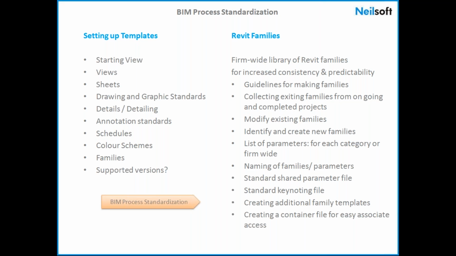Then what kind of shared parameters are going to be required, what kind of family templates we need to create, how we will create the container families, and so on. That is everything that gets covered during BIM process standardization.